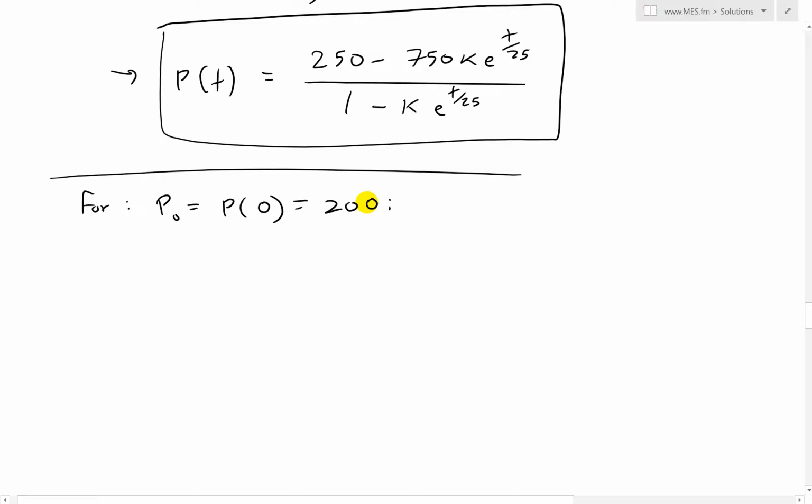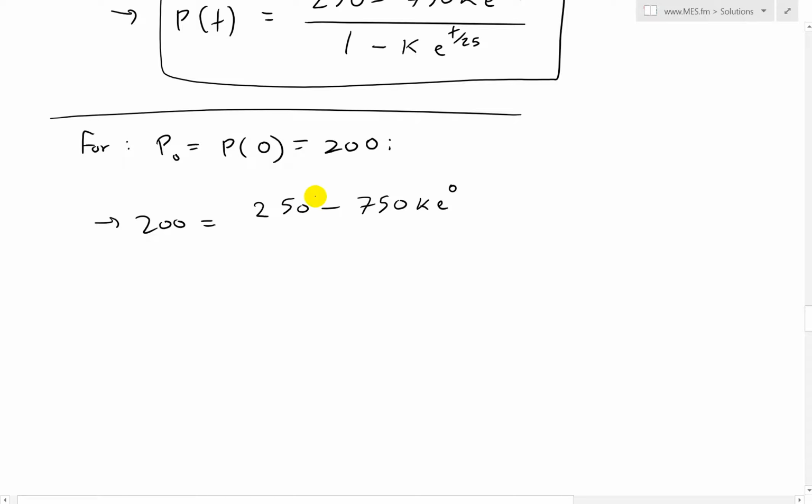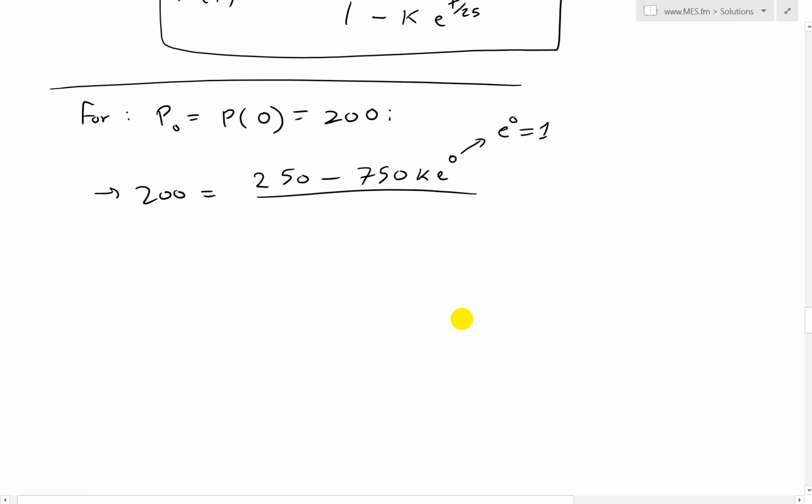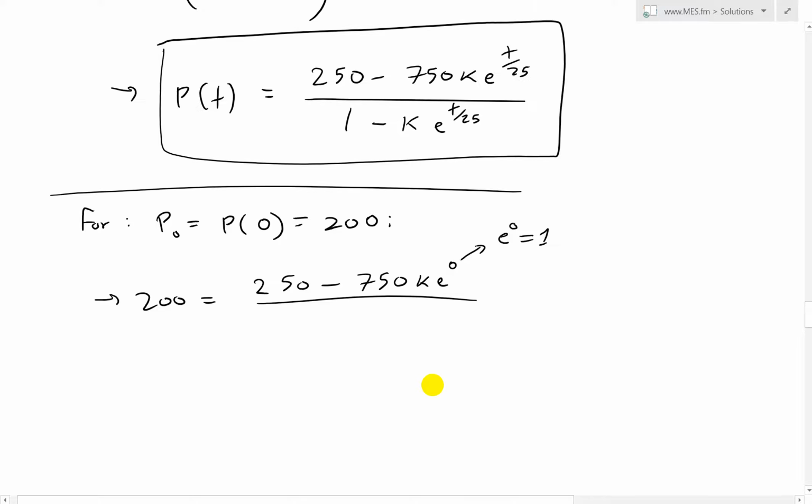So we get 200 equals 250 minus 750 times k e, and then e to the 0 over 25, that's a 0. That's just 1. Recall, e to the 0 just equals 1. Anything to the power of 0 is just 1, except if you have 0 to the 0, that's something else. You can see one of my earlier videos on that conundrum as well.